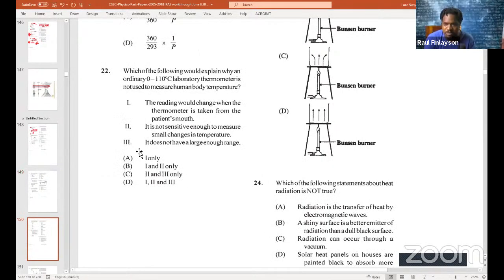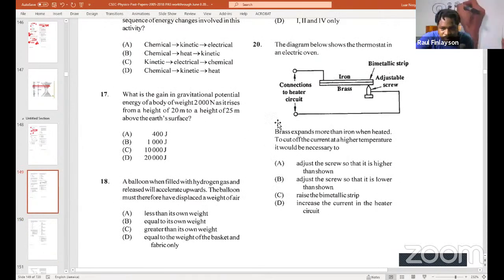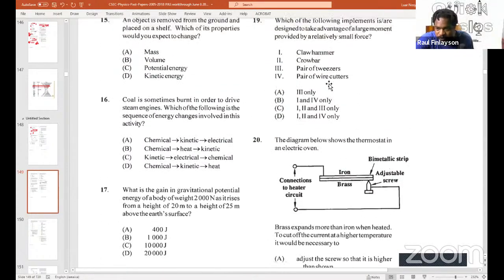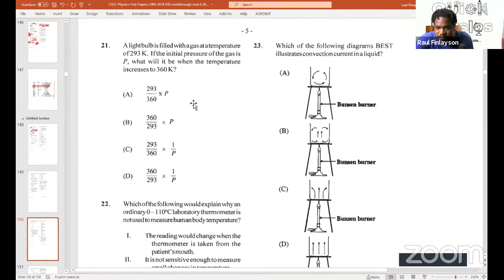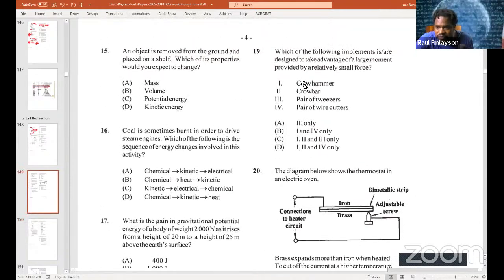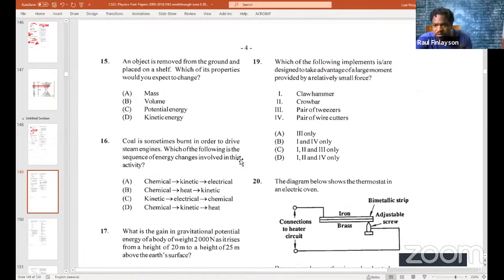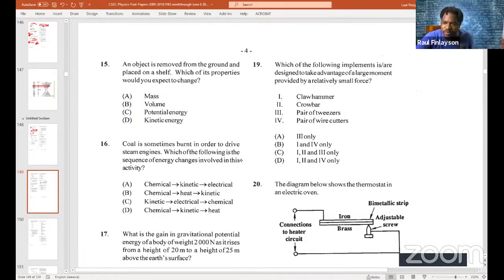All right, now this is 20. We're just going to look at a couple more though, and then call it a night here. Here is question 19, about moments. It's more of a moments question, really.